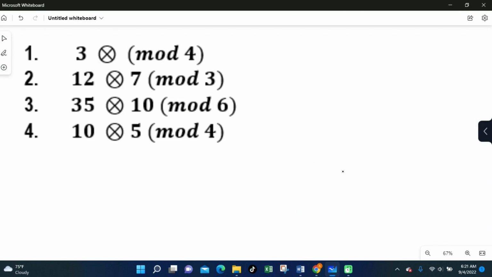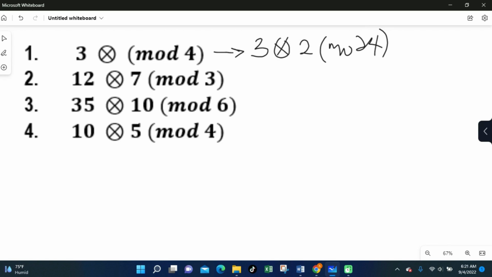So let's go straight into the solutions. Question number one, we are asked to multiply 3 times 2. Sorry, this should be 2. That's a typographical error. The first question is 3 multiplication of 2 mod what? Mod 4.